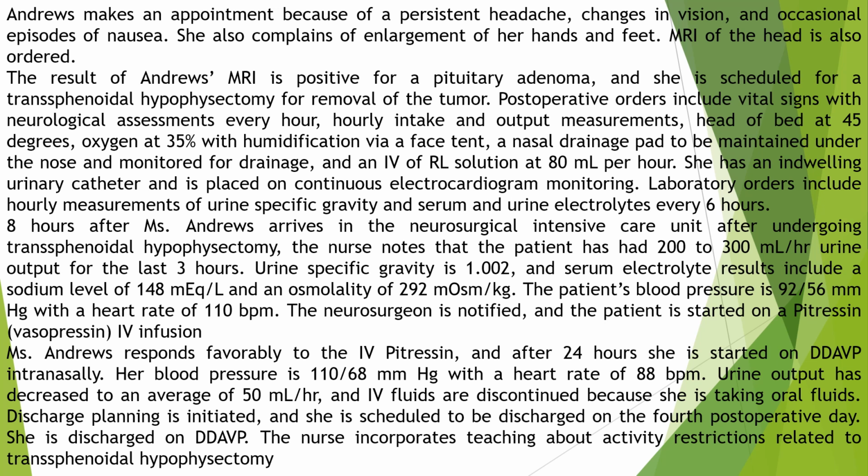Urine output has decreased to an average of 50 ml per hour and IV fluids are discontinued because she is taking oral fluids. Discharge planning is initiated and she is scheduled to be discharged on the 4th post-operative day. She is discharged on desmopressin. The nurse incorporates teaching about activity restrictions related to transsphenoidal hypophysectomy.